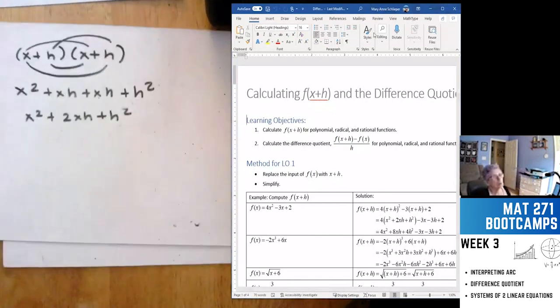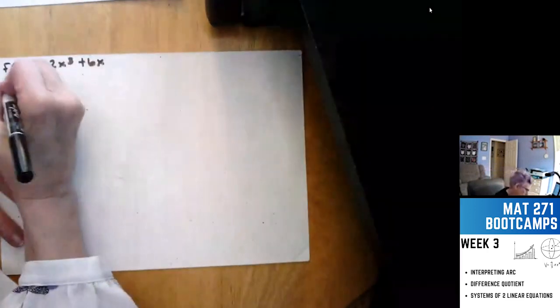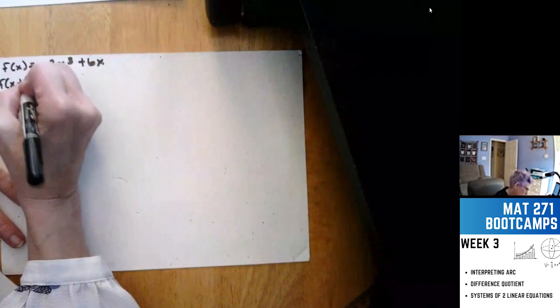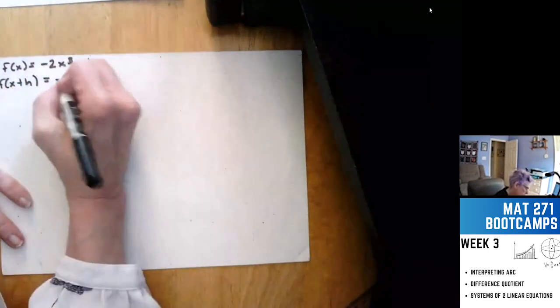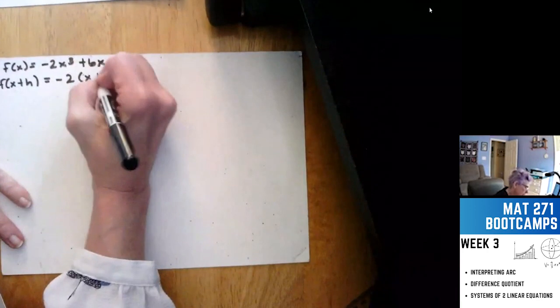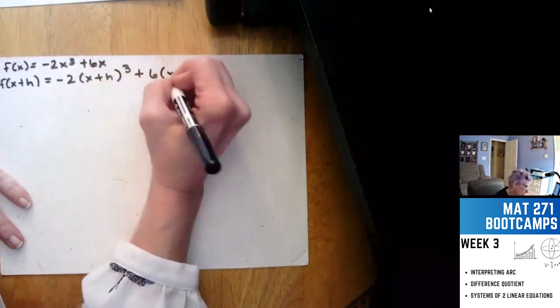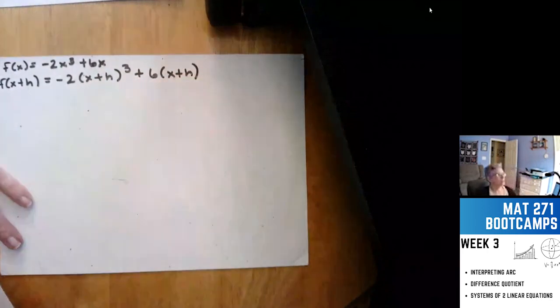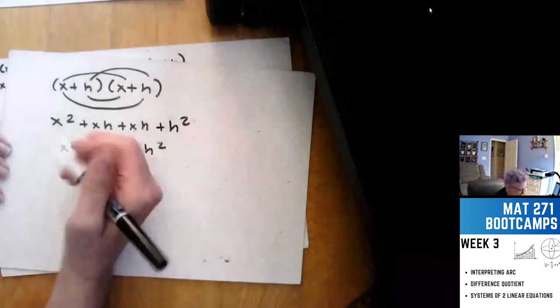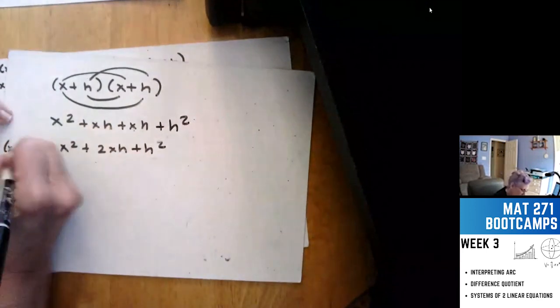Now, maybe you don't know what (x plus h) cubed is off the top of your head, because we're going to plug in f of x plus h. We have negative 2 times (x plus h) cubed plus 6 times (x plus h). Well, I happen to have (x plus h) squared right here.